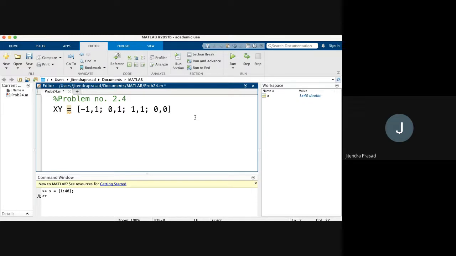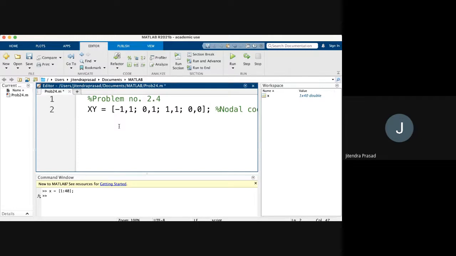These are the nodal coordinates, so we write here nodal coordinates simply.